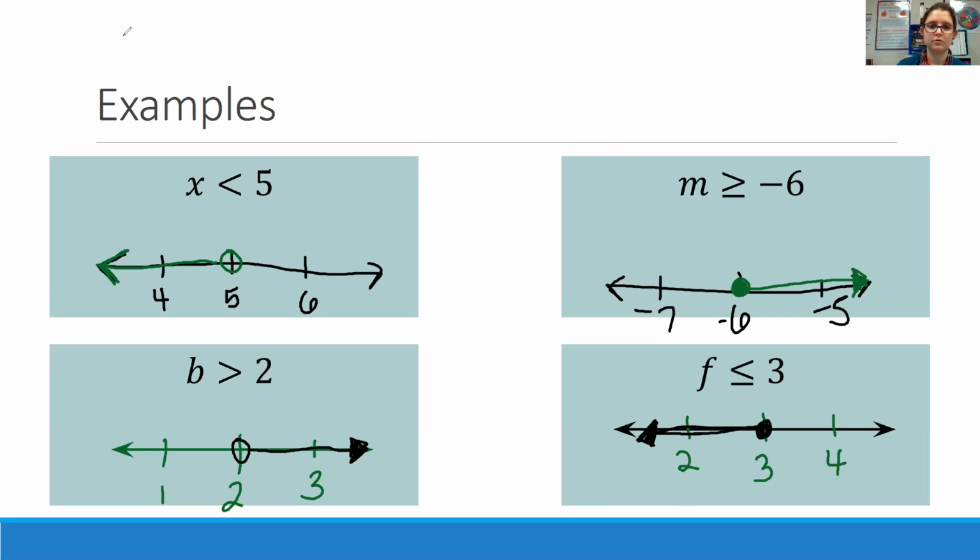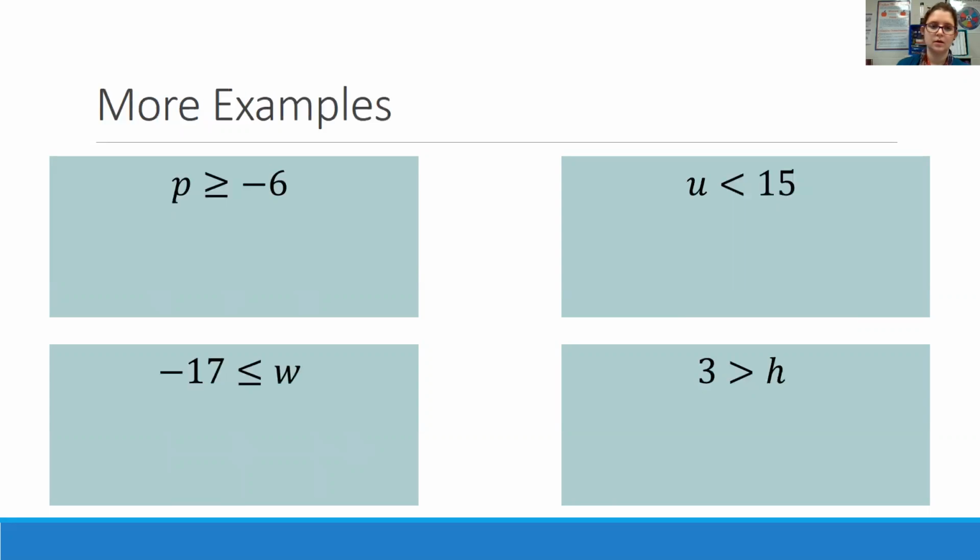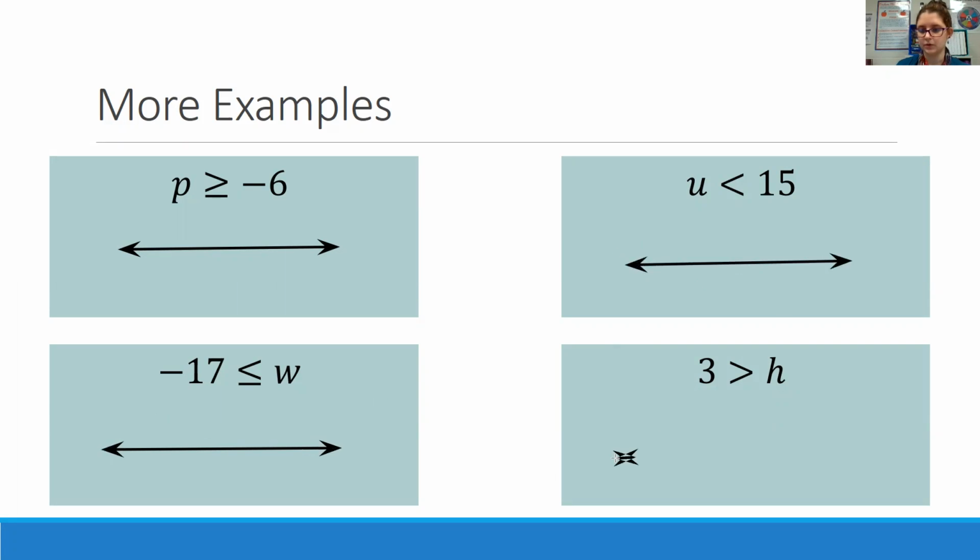Okay, we're going to look at a few more examples. My first one, P is greater than or equal to -6. And I'm just going to skip ahead and draw all of these number lines so I don't have to keep going back and forth.